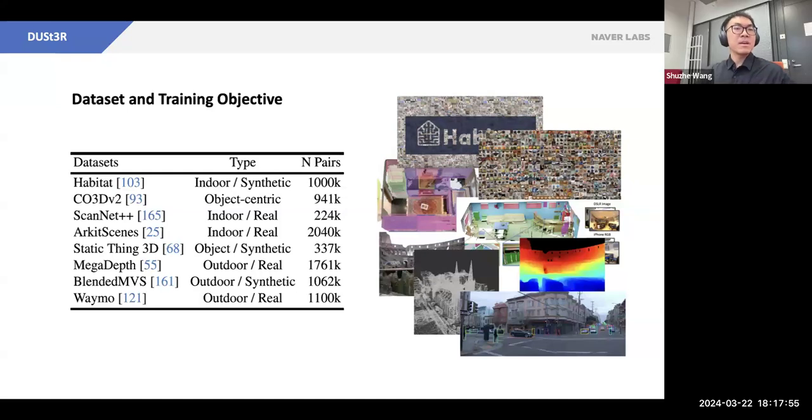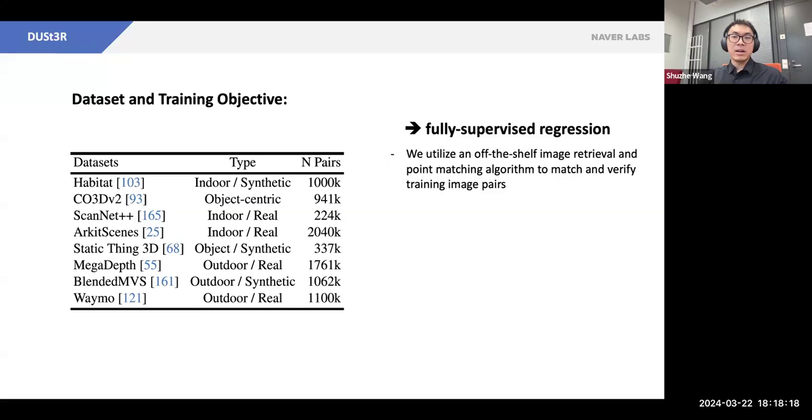So let's move ahead. Here we mention the datasets and training objectives. As I mentioned in the previous slide, we have 8 large-scale datasets that include indoor, outdoor, object-centric, and synthetic and real data. Together we have 8.5 million training pairs.